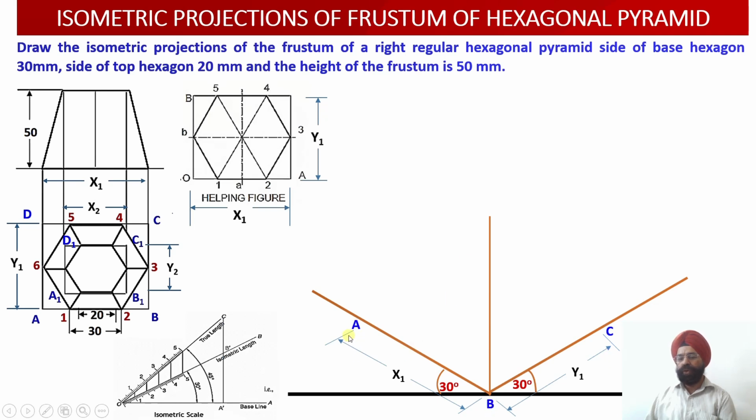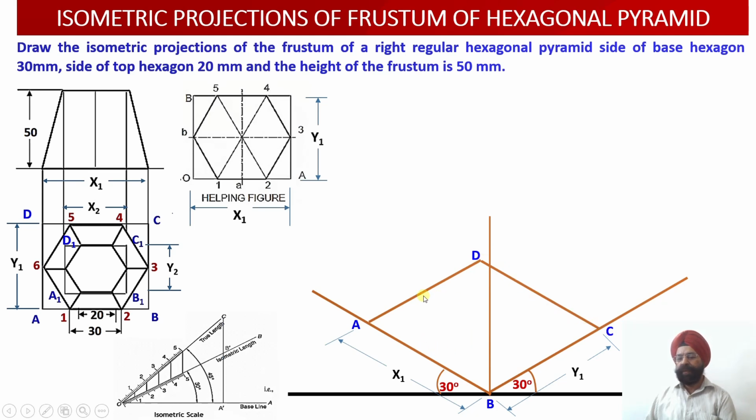Now let us carry out this procedure. AB is the length of the longer edge of the rectangle which will be lying on the base. Similarly, BC is the shorter edge of the rectangle which we have marked. Now we are going to join this with two more isometric lines. The edge CD is parallel to the edge AB.